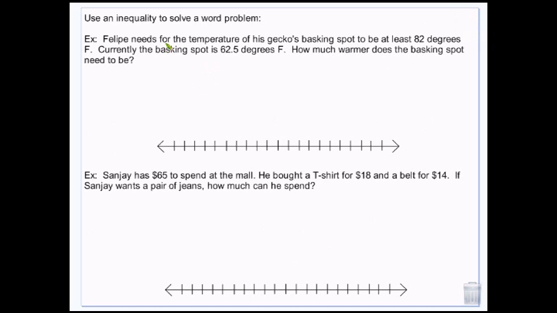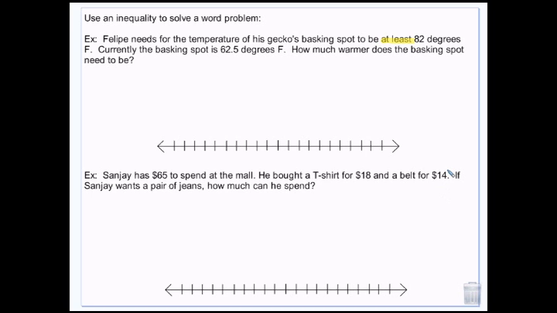Felipe needs for the temperature of his gecko's basking spot to be at least 82 degrees. Now, okay, let's look at this phrase, at least. At least means that it's that much or more, right?